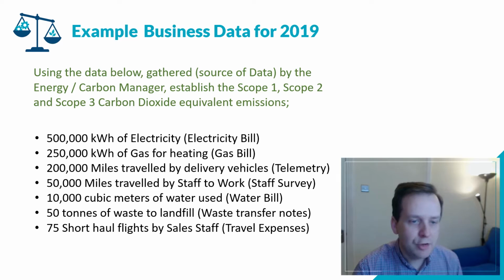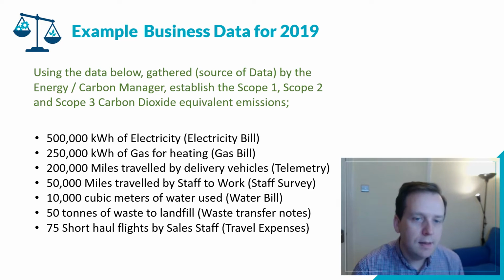So electricity, very simply from the electricity bill. Similarly for the gas bill. Miles traveled by delivery vehicles, vehicle telemetry. Miles traveled by staff to work. So this business is trying to capture all of its carbon impact.